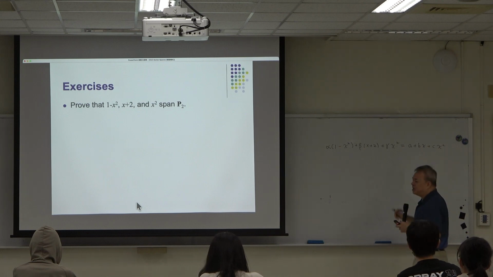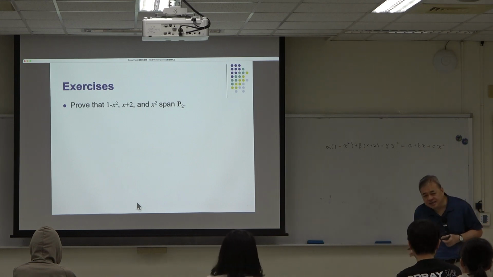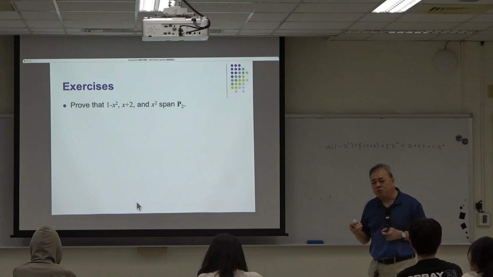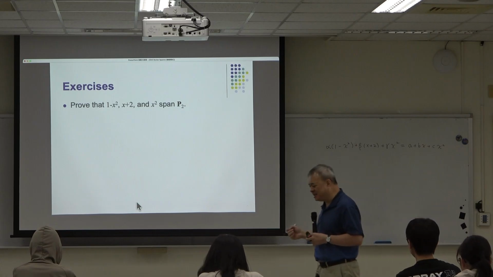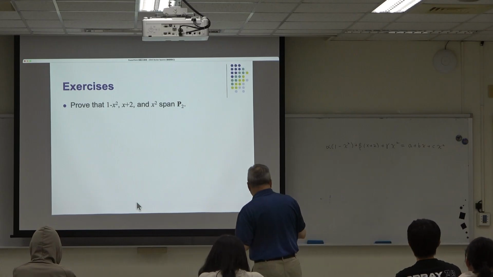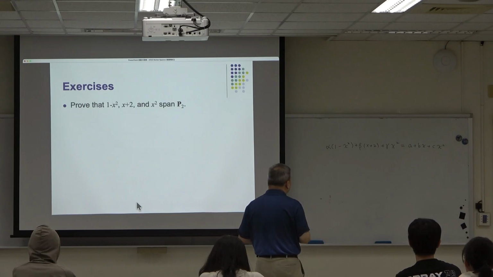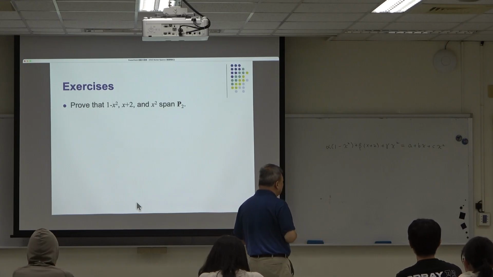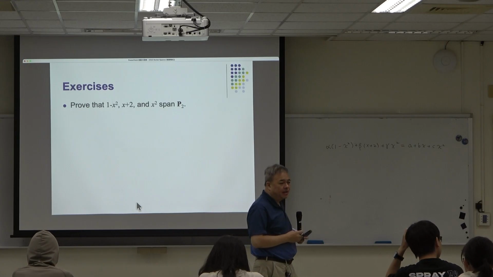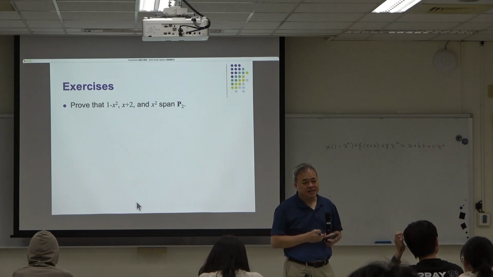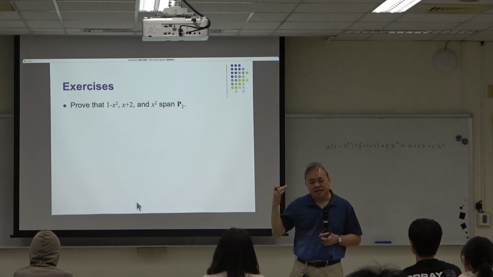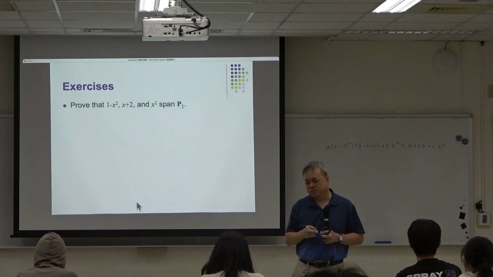Given any combination of A and B and C, we want to prove that we can find alpha, beta, and gamma to solve this. So this is what we want to do.